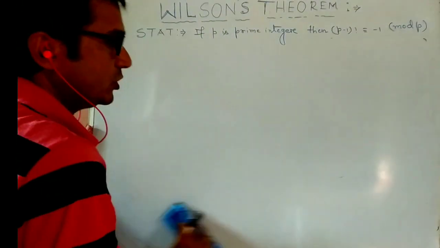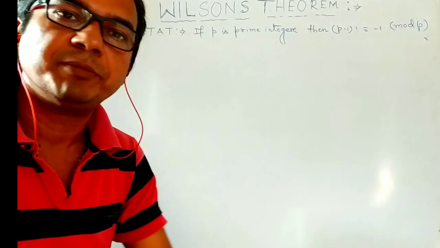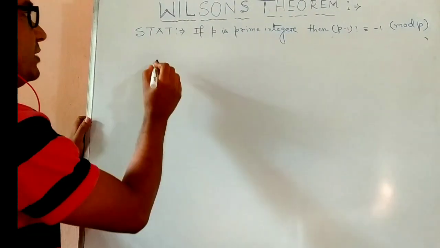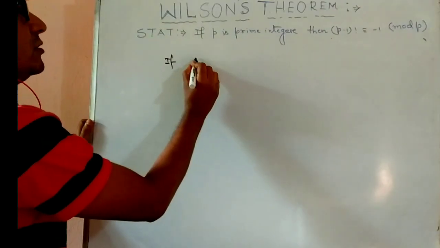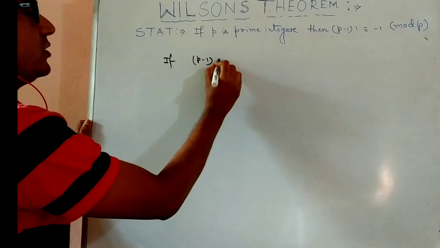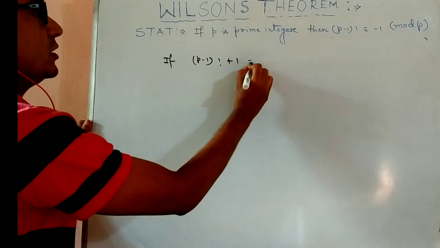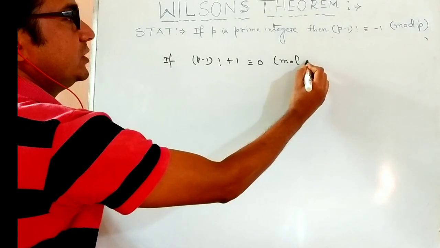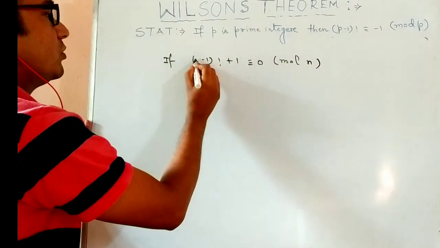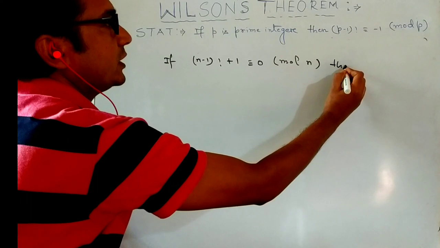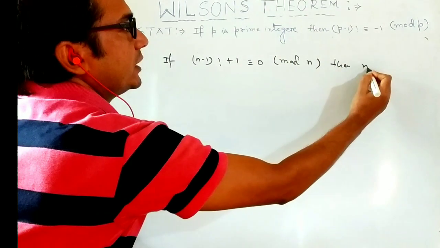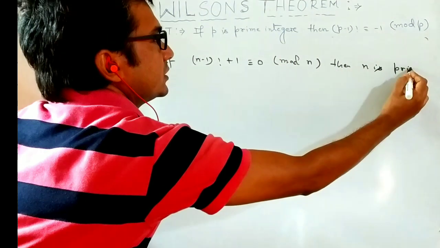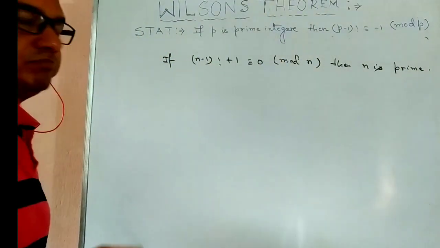The statement of the converse is: if (n minus 1) factorial plus 1 is congruent to 0 mod n, then n is prime.